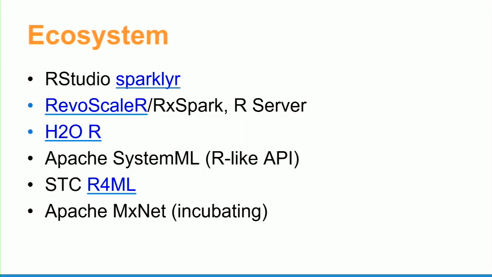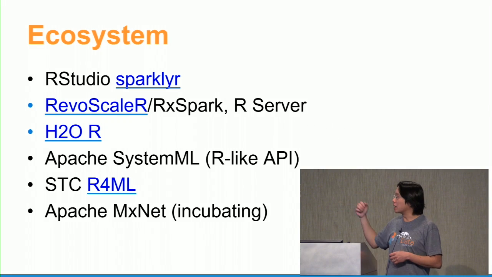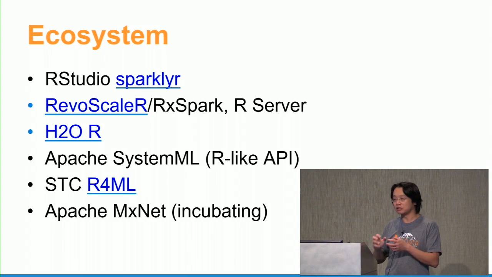This is R4ML, which was just announced back in February, I think. It seamlessly integrates SystemML and SparkR underneath the cover. So this is, for example, one approach where a package could also depend on SparkR. And there's also something like Apache MXNet, which also has an R binding.